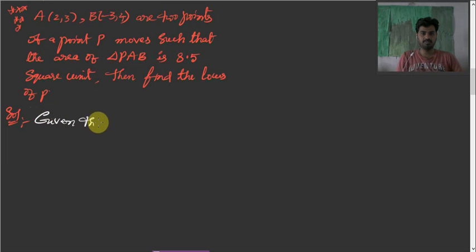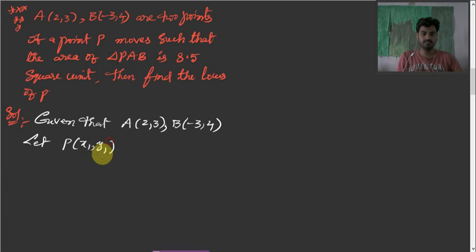Given that the points A(2, 3) and B(-3, 4) are the two points. One more point is P; let P(x1, y1) be a point on the locus.